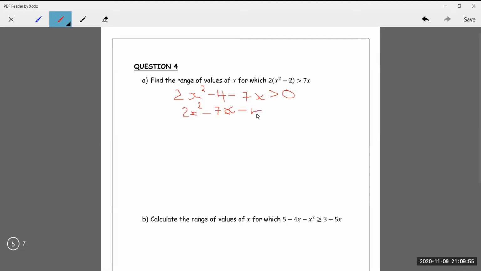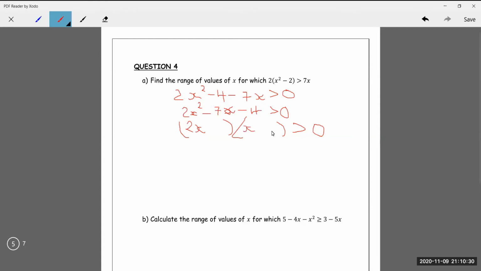So now all I need to do is factorize 2x squared minus 7x minus 4, and this expression is of course greater than 0. So it is 2x and x, and now 4.